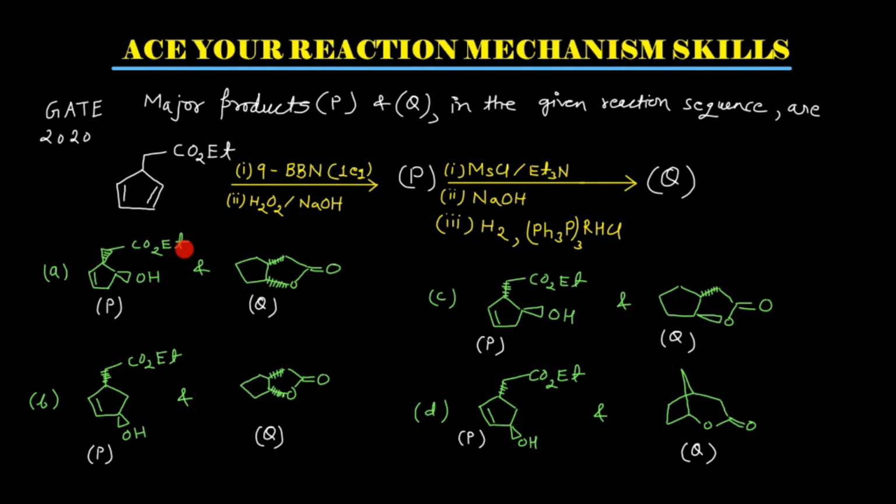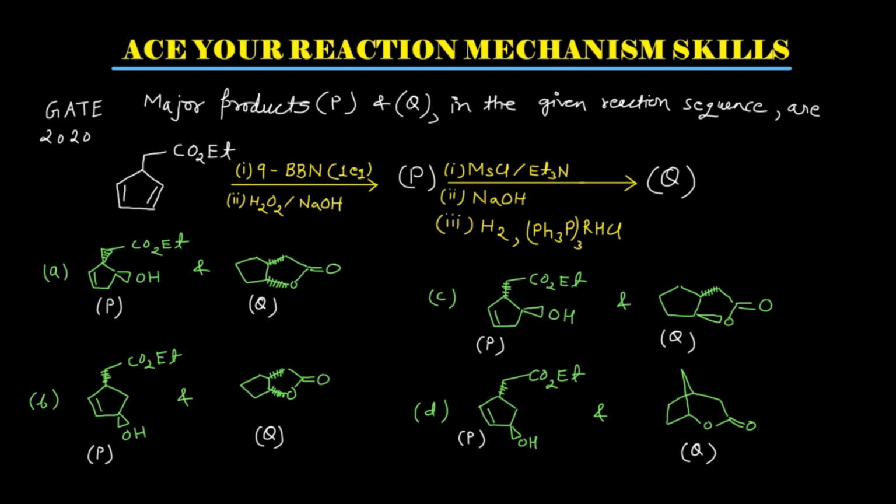That means this is correct. Now coming to B, B is not possible, because according to the reaction mechanism the OH must be on the vicinal carbon, in the vicinity of this ester moiety, but here it is not present in the vicinity. That means B cannot be your answer.